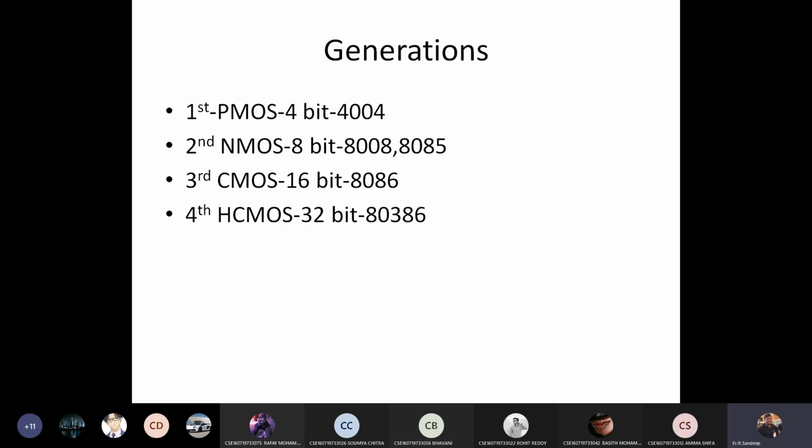If we concentrate on these various generations, the first generation made use of PMOS technology, the phosphate metal oxide semiconductor technology.